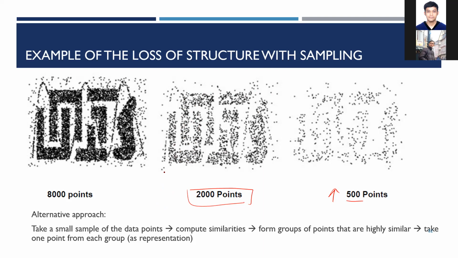We also can use an alternative approach here. First, we take a small sample of the data points, and then we compute the similarity of the data points. Then we can form groups of points that are highly similar. For example, let's say this is our data.